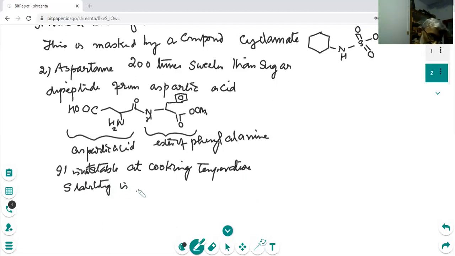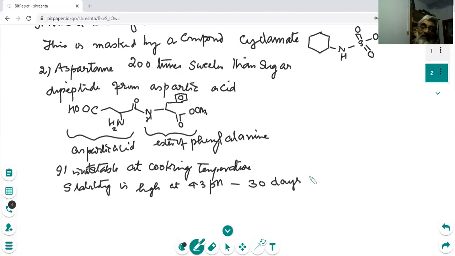Stability is high at 4.3 pH. Aspartame will be stable for about 30 days at 4.3 pH.